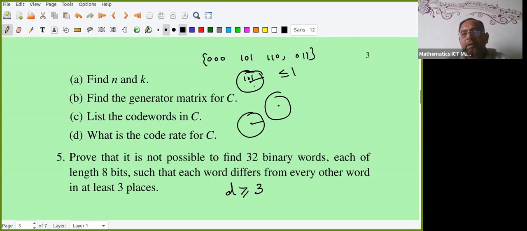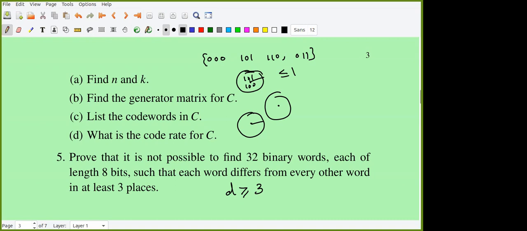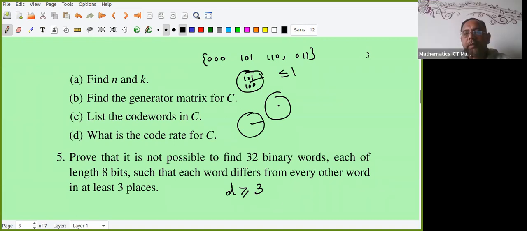So that is there. Can you give me any vector whose distance is less than or equal to 1? What about 100? Is it here? Yes, sir, because the distance between these two is 1, so that is also here. But is it a code word? No, sir.